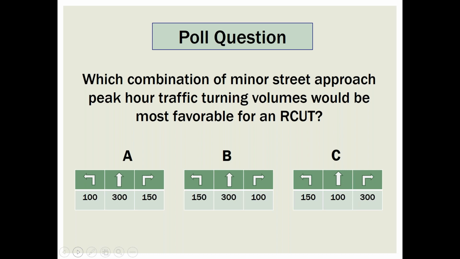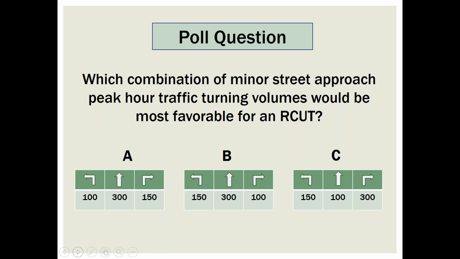And just to summarize it, typically, if we have higher right turn volumes, if the natural demand is for traffic on the minor street to want to turn right anyway, that's going to work in our favor because those are volumes that are not going to have to make the U-turn.